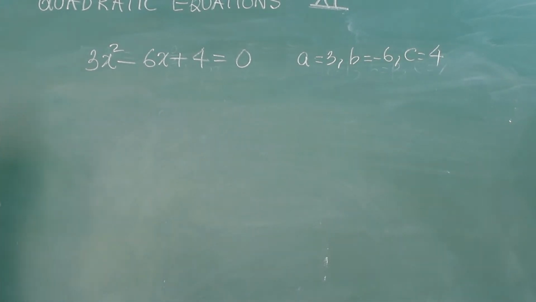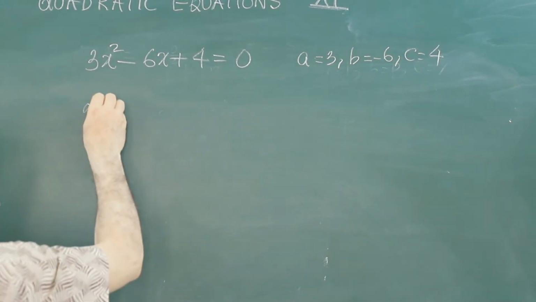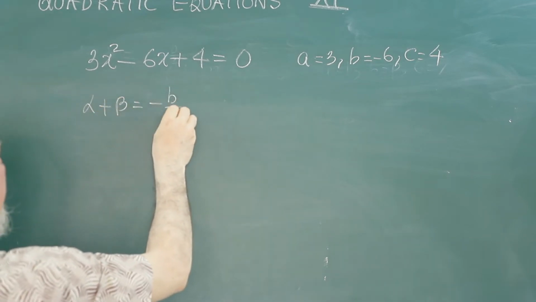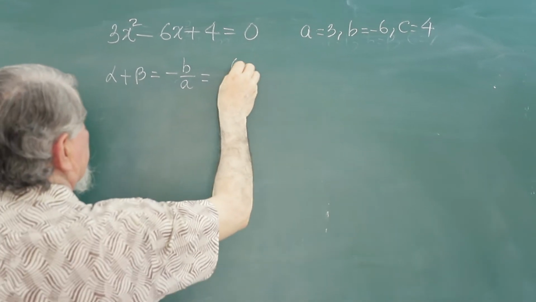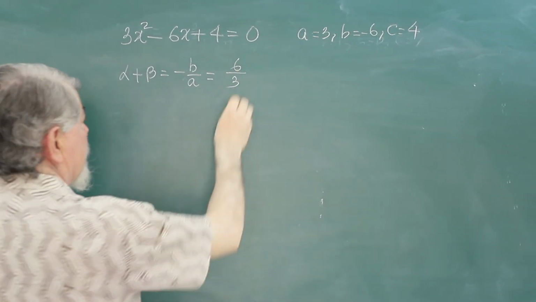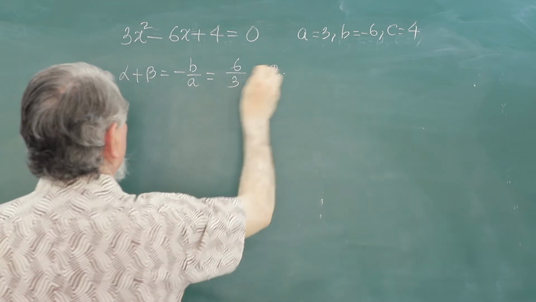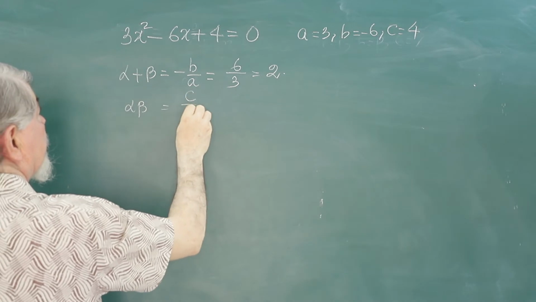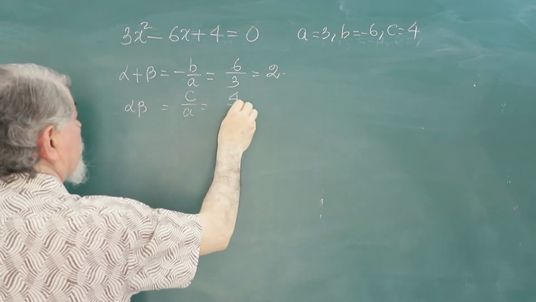So we will find out alpha plus beta. Sum of the roots will be minus b upon a, that will be 6 upon 3, because it is already minus, minus, minus will become plus, so it will become 2. And alpha beta is c upon a, that will become 4 upon 3.